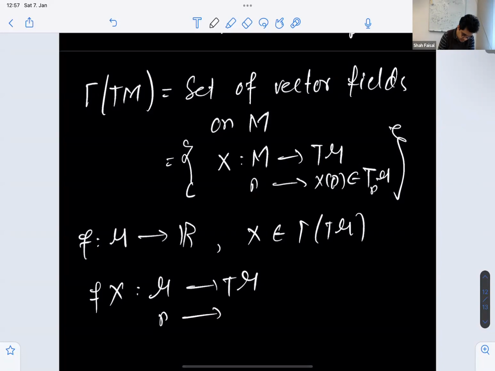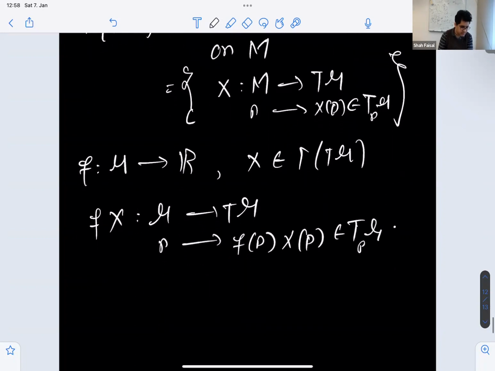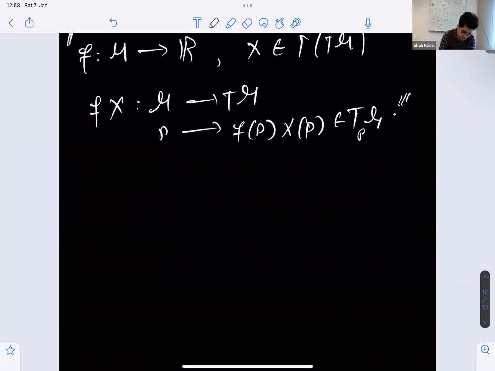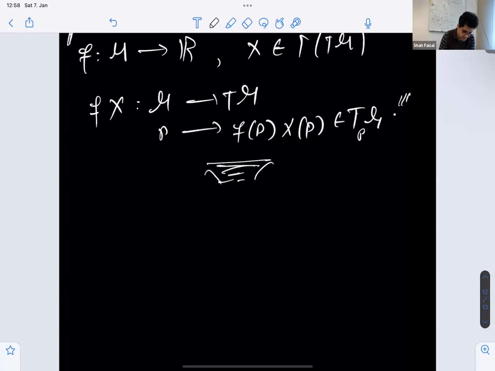So at each point, it would map to f of p times X of p. f of p is a real number and X of p is a vector, so if you multiply them, you get again a vector. So you can multiply vector fields with smooth functions to get another vector field. Okay. So for now, this is enough.